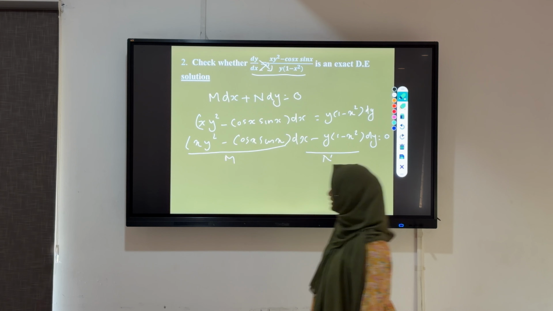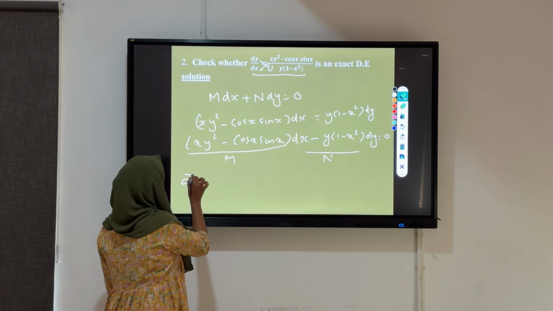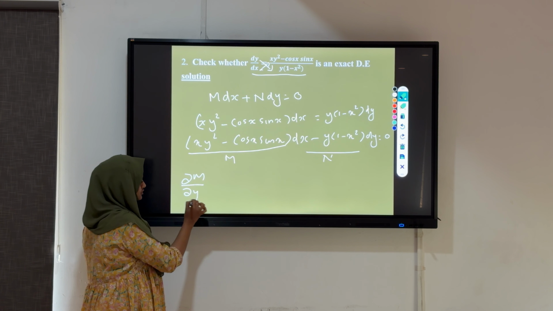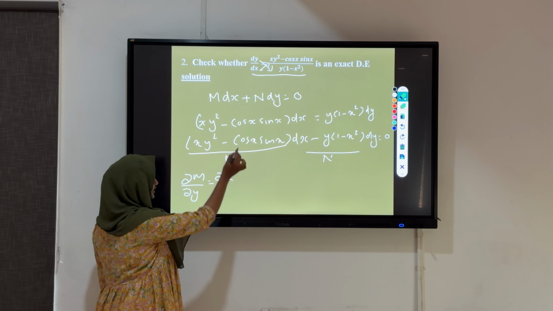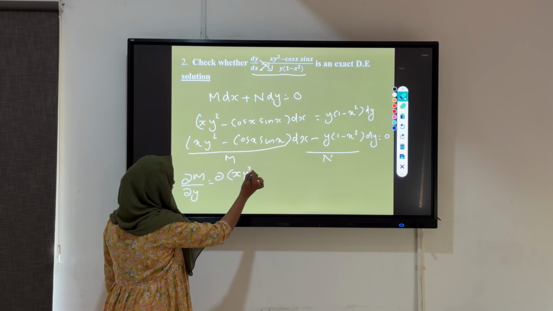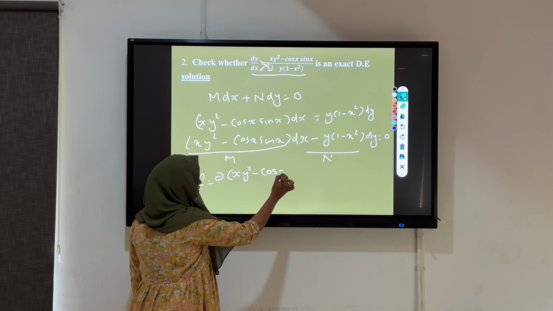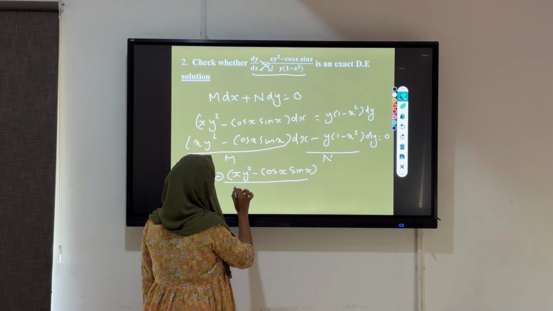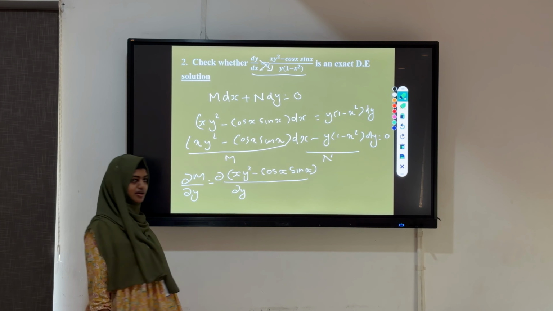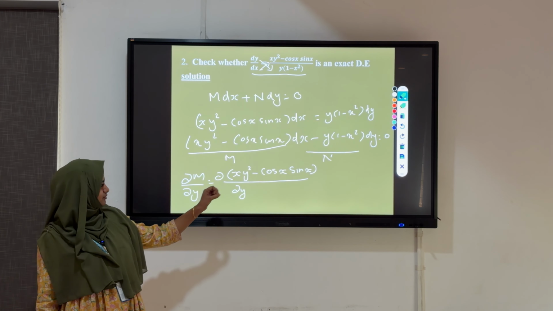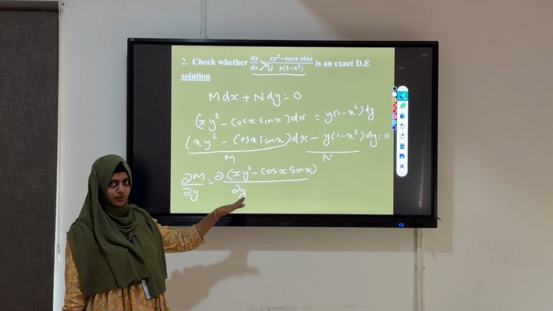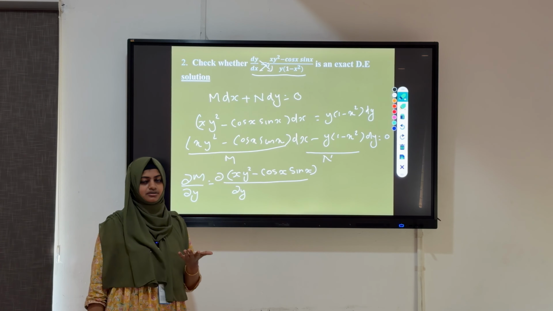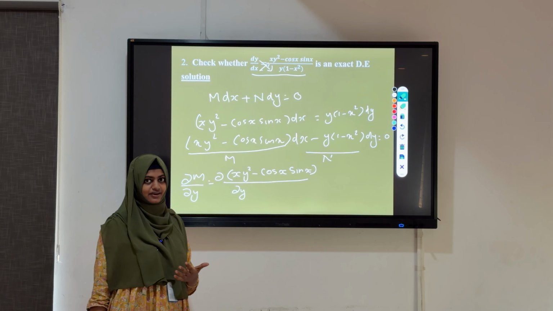Then dou M by dou y equals dou by dou y of (xy square minus cos x sin x). Consider with respect to y, then the variable x is considered as a constant.